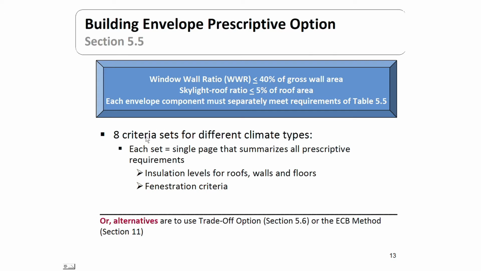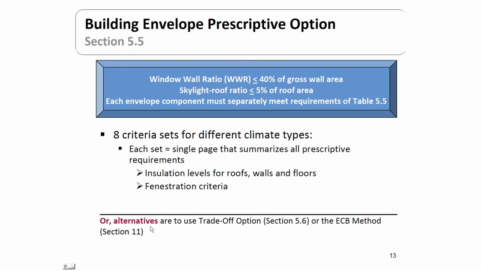There are 8 criteria sets for the different climate zones. That is, there's one table for each of the climate zones. And on those tables, you're going to see all the prescriptive requirements for the insulation level for the roofs, walls, and the floors. And we're going to see the window fenestration area requirements.